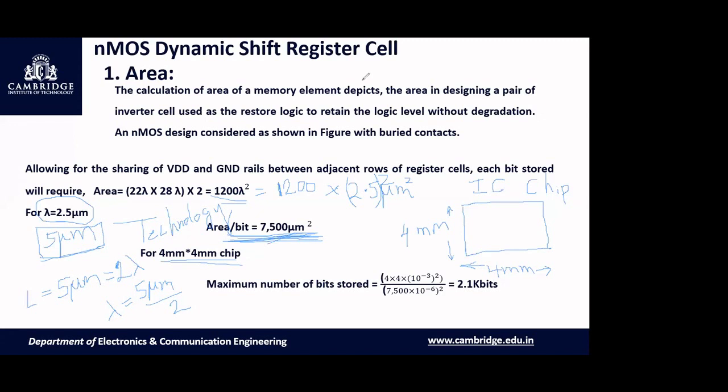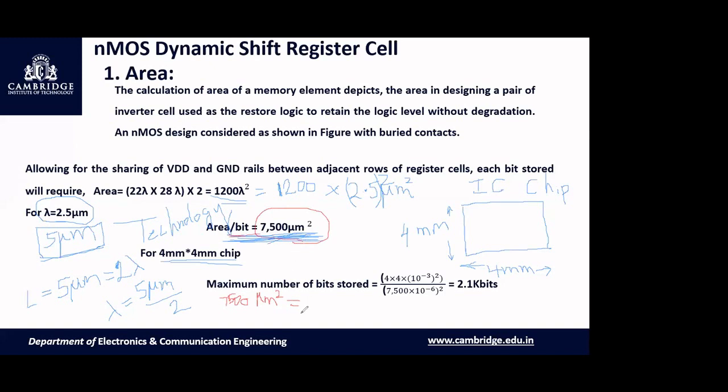For 7,500 micrometer square, we can store 1 bit, right?